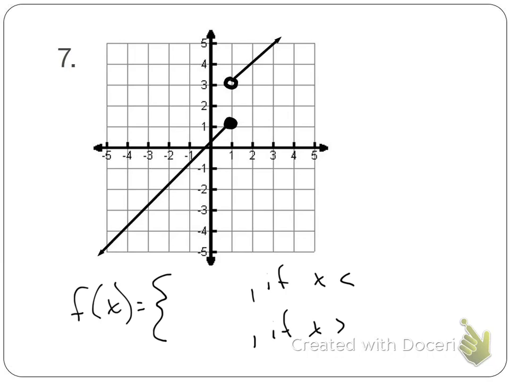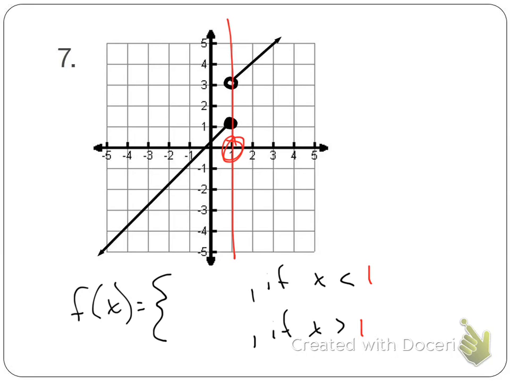The first thing I go to look for is the fact that the graph is changing, it's jumping at this place right here, which is 1 on the x-axis. That means that we're going to use one line when x is less than 1 and one line when x is greater than 1. So that means that in this inequality, we want to put a 1. That's where the break in the graph happens.